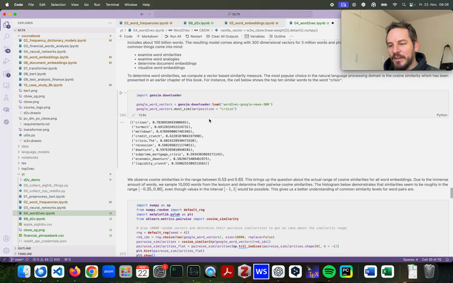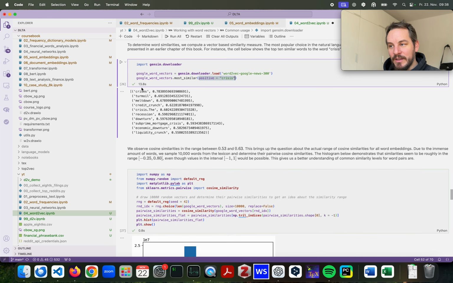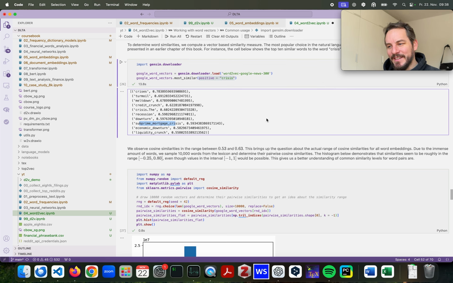But what you can do is determine the similarity. For instance, here positive means which are the most similar words to the word crisis. And as you can see, it really makes sense: crisis, turmoil, recession, downturn, also subprime mortgage crisis. Very interesting to me that this is showing up.